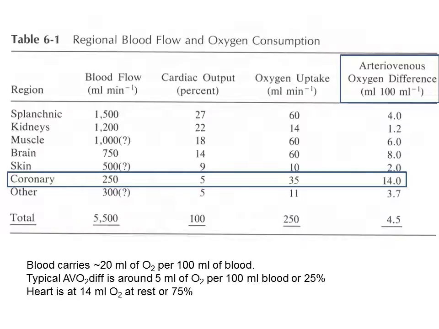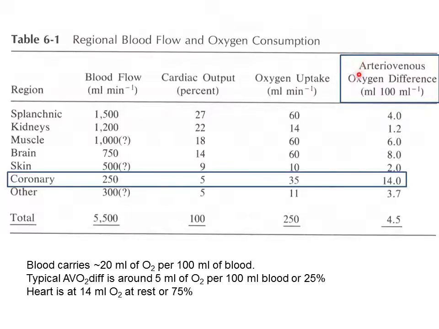Now, I mentioned that oxygen supply to the heart is really important. And so in this table, what you see are the regions of the body: the splanchnic region, your digestive region, your guts, your kidney, your muscles, your brain, your skin, coronary circulation, other tissues. Most blood flow, cardiac output, oxygen uptake, but the important thing is the arteriovenous oxygen difference.